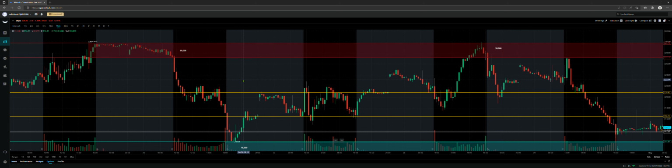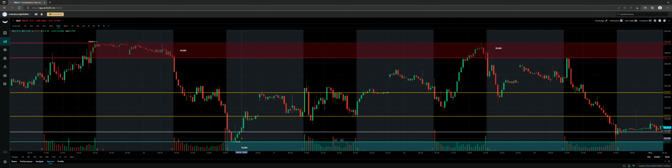So I want you to think of these zones as the origin of where this price originated. What triggered the process of buying or selling? What triggered that? And then you want to be trading in your zone and take the trade, never letting the price leave the zone without you being involved.